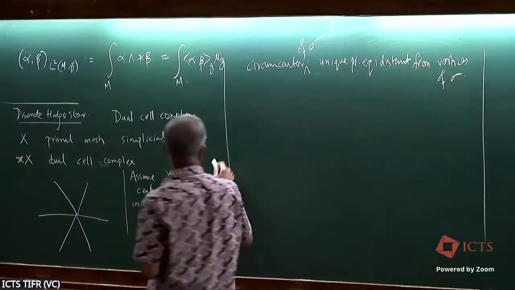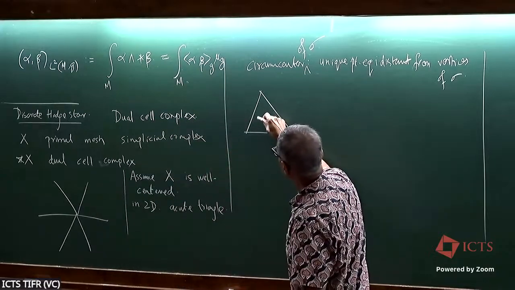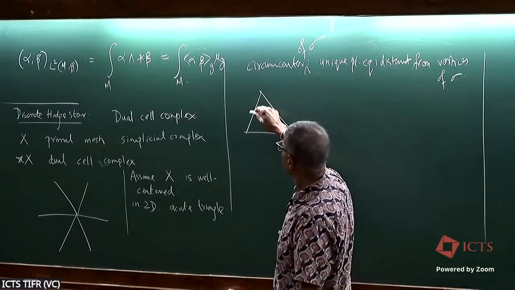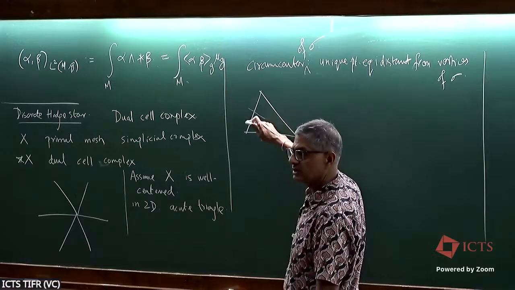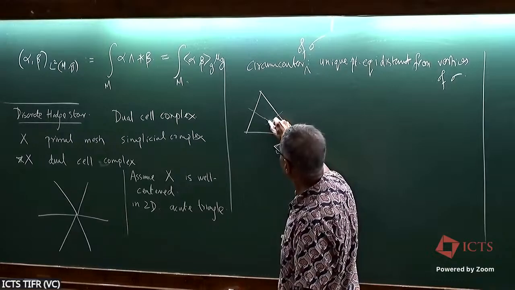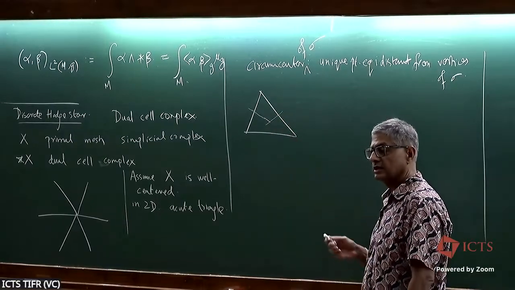So if you remember, the way you do that for a triangle is you want to find something which is equidistant from all the vertices. So you bisect this edge. Now everything on this line will be equidistant from these two. Then you bisect these. This will be equidistant from that. So their intersection will be equidistant from all three. And there are similar constructions in higher dimensions.